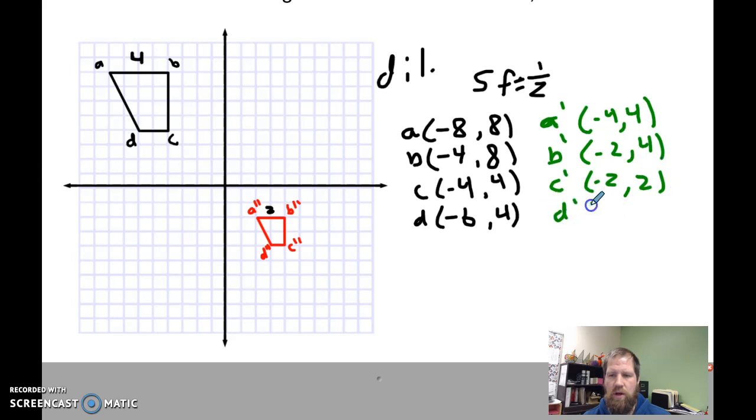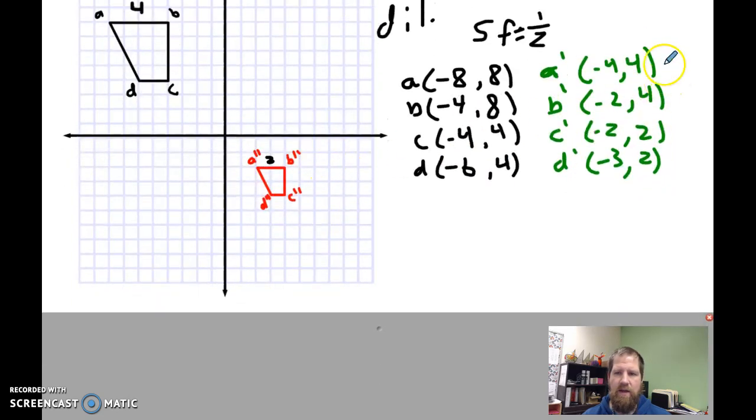And D prime is at -3, 2. And there I've got my figure. I could graph it and then use that image to help me figure out what translation I had to go through to get this one. Or I could do it mathematically.